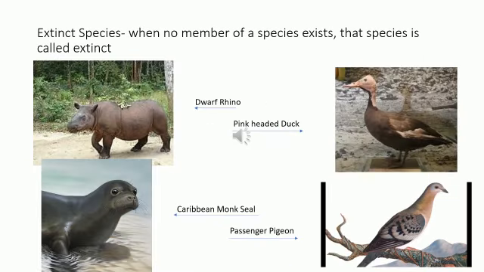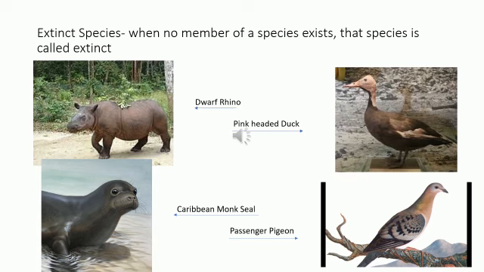Extinct animals. When no member of a species exists, or it has disappeared completely from the earth, such species will be termed as extinct animals. So the organisms are no more surviving on the earth.